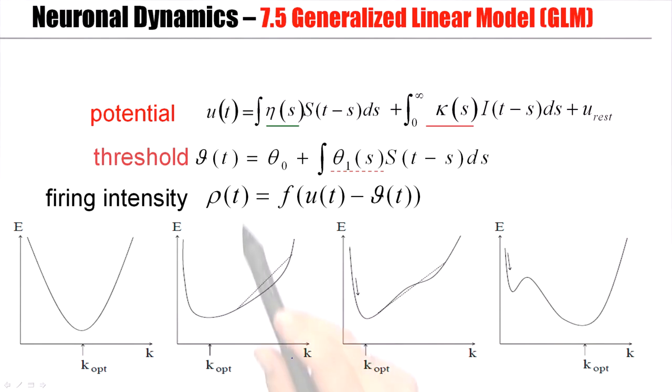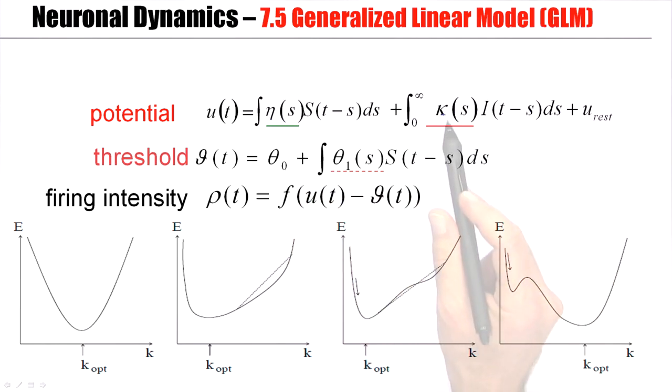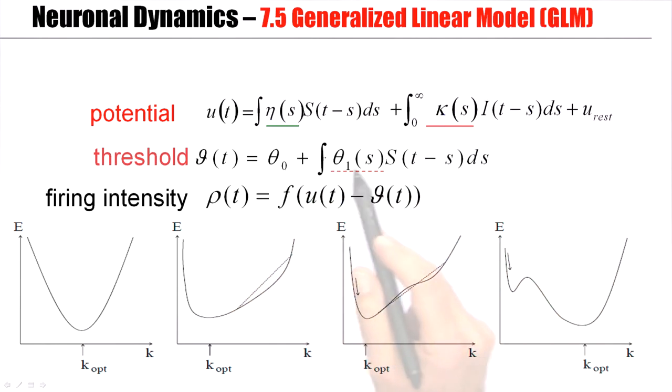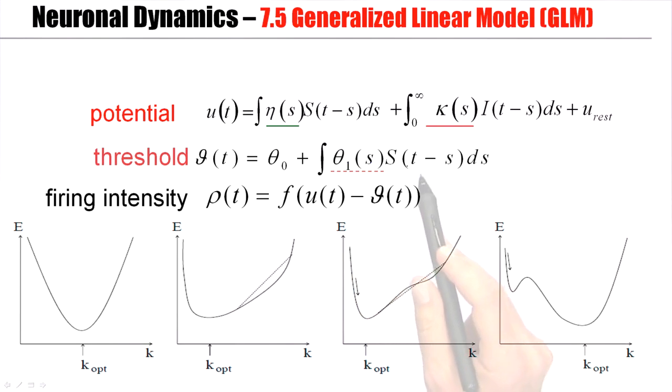Note that the membrane potential, as discussed, is linear in the parameters eta and kappa. We have this dynamic threshold. The dynamic threshold is again linear given the spike train. The spike train has been measured.